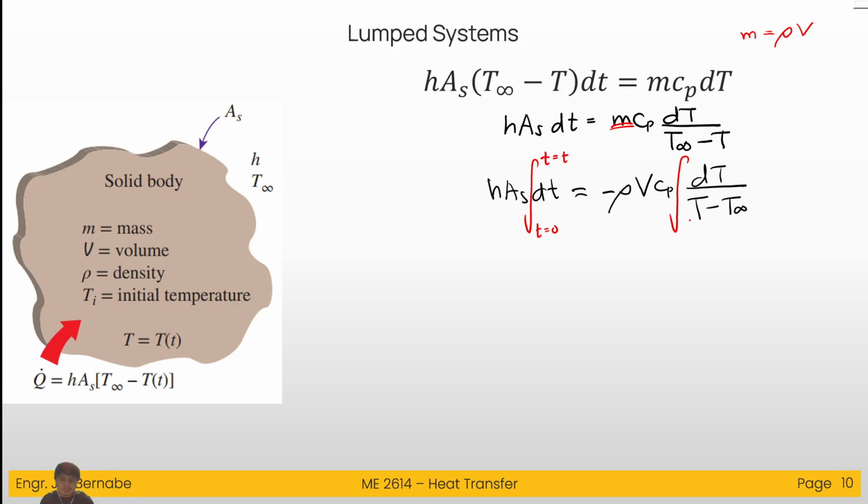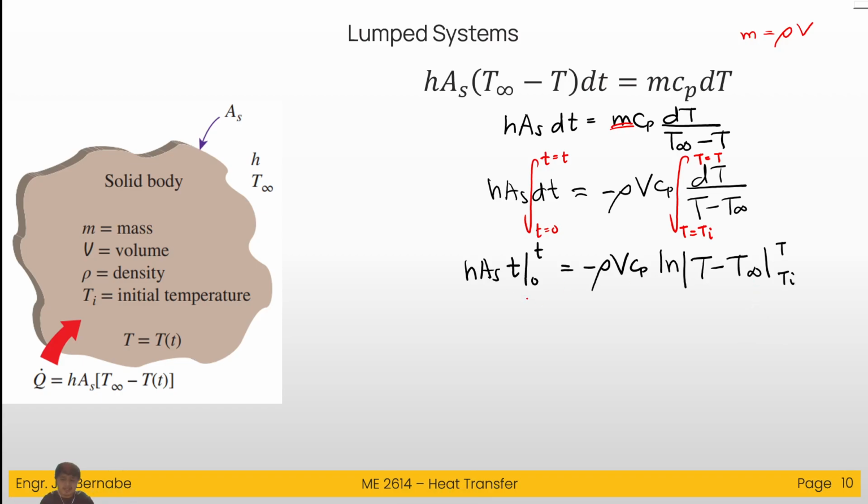And for the temperature, we start with the initial temperature, and then we end with just temperature, or whatever temperature it is. If we simplify this integral, we have hA_s, and then you have t, evaluated from 0 to t, equals negative rho V C_p, and then this will be the integral, the natural log of (T minus T_infinity), evaluated from T_i to T.